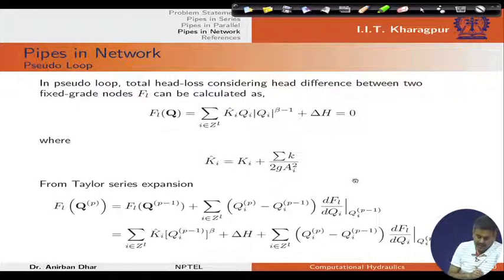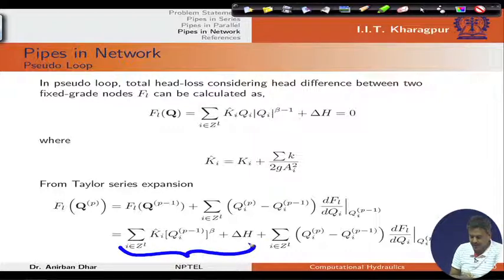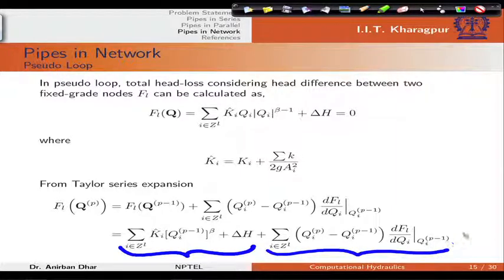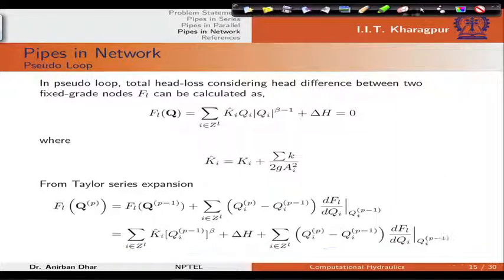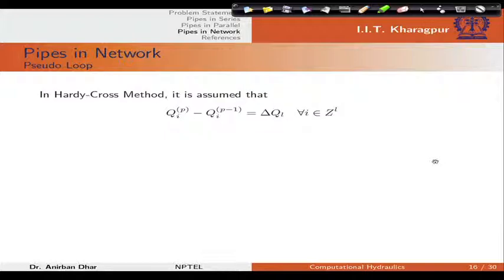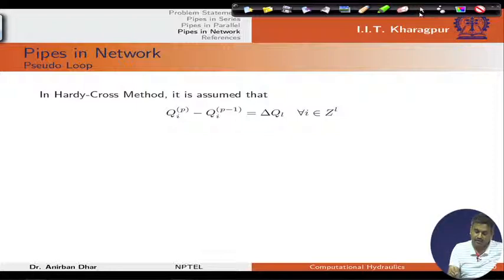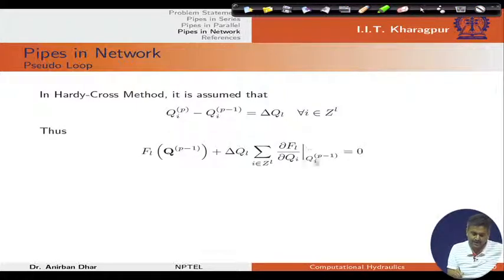So, again we can expand it, but after expanding it we are basically calculating the previous iteration value, which we need to add this del H here, and this part is same, but again for Hardy-Cross method we need to approximate this part with a single increment for a particular loop. So, in Hardy-Cross method, in this case we are considering only one increment.